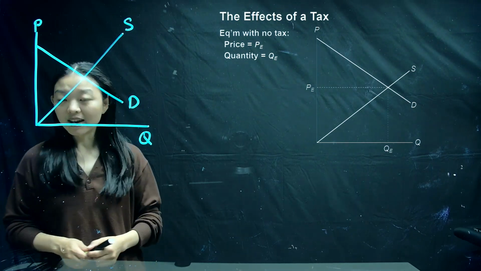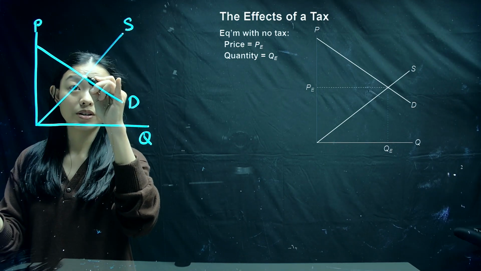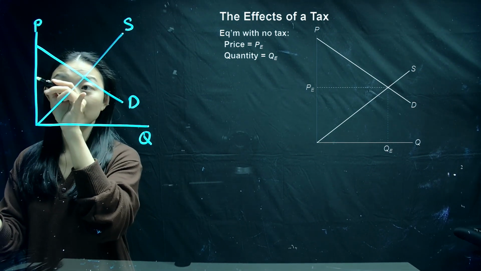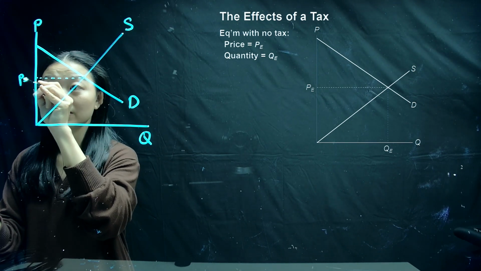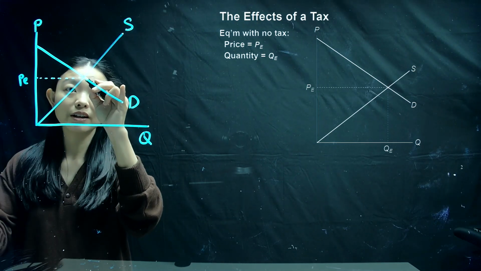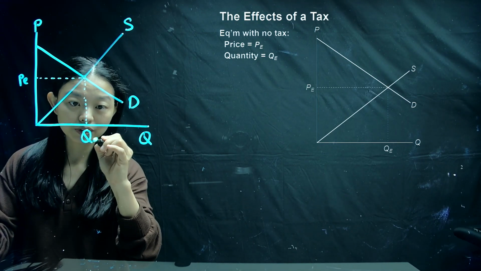So we can get the equilibrium price, right? The equilibrium price is the intersection point here, and we can mark it as PE. For the equilibrium price, we can find the corresponding equilibrium quantity, QE.